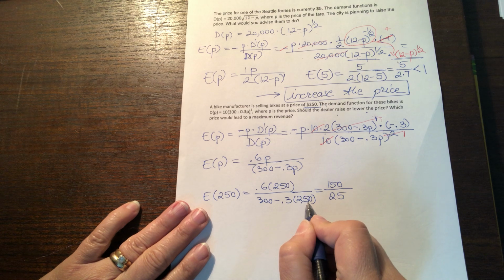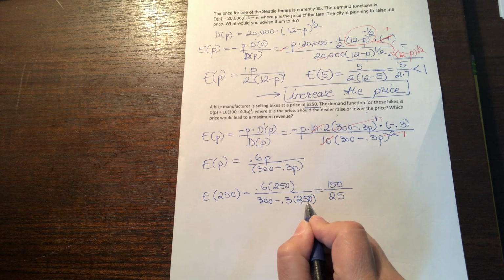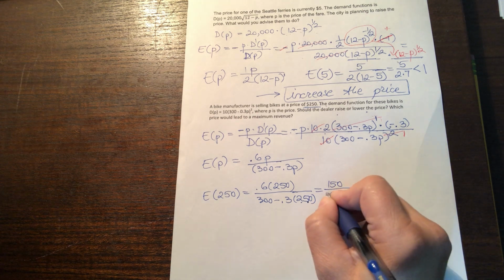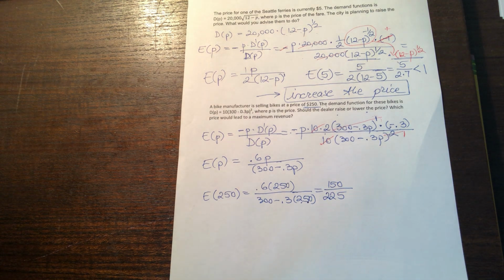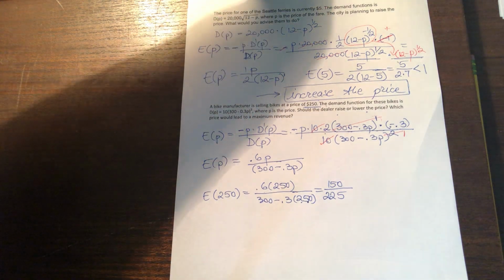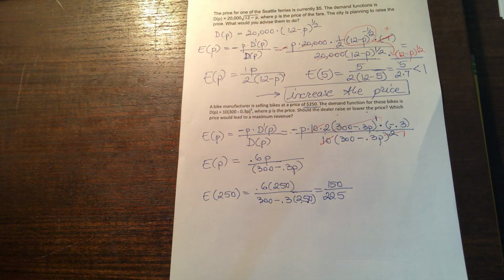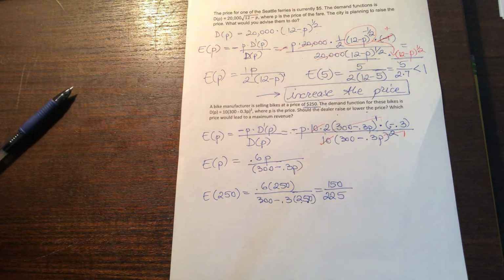Wait a minute, what did I do? 300, yeah. Oh, okay, I had changed it to 300. Good. So that's 225. Did I do that right? I need a calculator because I changed my numbers from the old notes.